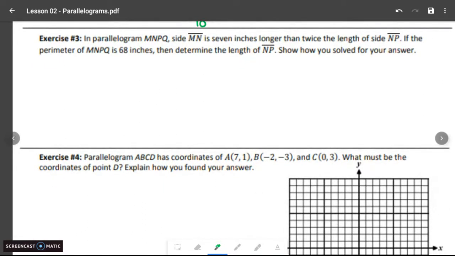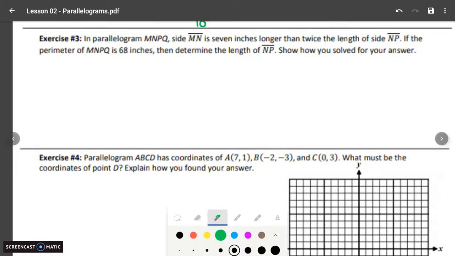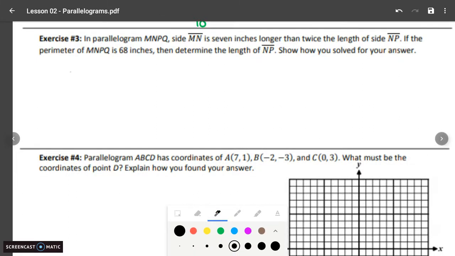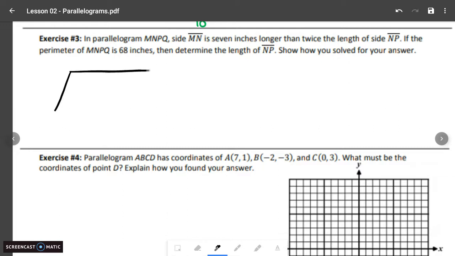In parallelogram MNPQ, side MN is 7 inches longer than twice the length of NP. If the perimeter of MNPQ is 68 inches, then determine the length of NP and show how you solved for your answer. Again, I'm going to draw myself a picture here.